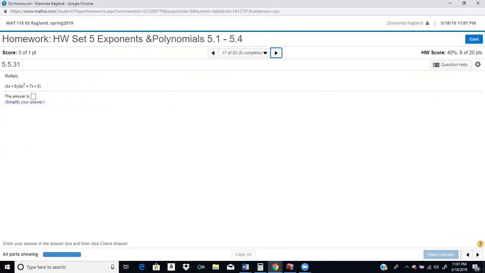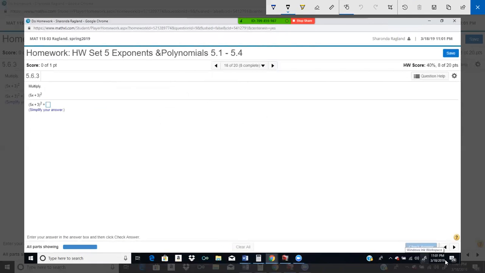All right, multiplying. Okay, we'll do this one right here, because this one gets people. So basically, what does this mean when you have 5x plus 3 quantity squared? It means you see it twice, so you need to write it out twice. Okay, so this is a binomial times a binomial. Normally you can use the FOIL property, which is nothing more than the distributive property. So start with the first one and distribute that to these two.